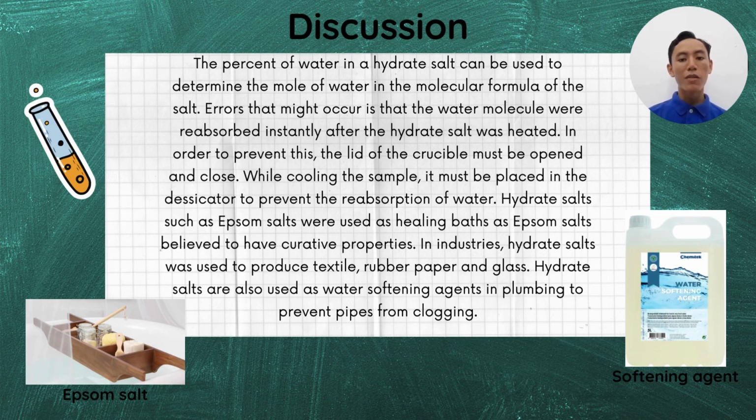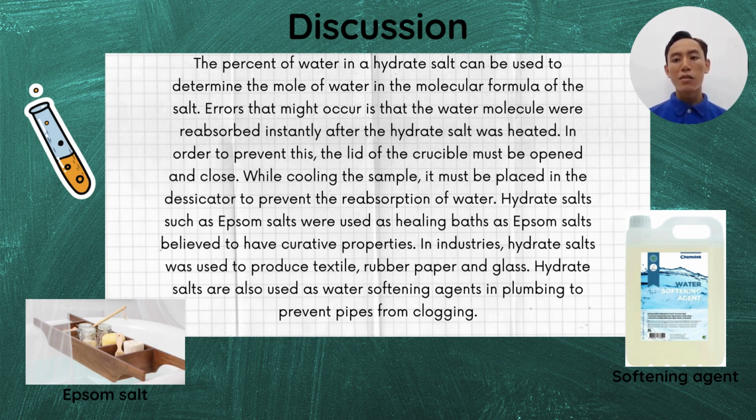Now I would like to explain the discussion part of this experiment. From the entire experiment, the percent of water in a hydrate salt can be used to determine the mole of water in the molecular formula of the salt. There are also errors that might occur during the experiment.